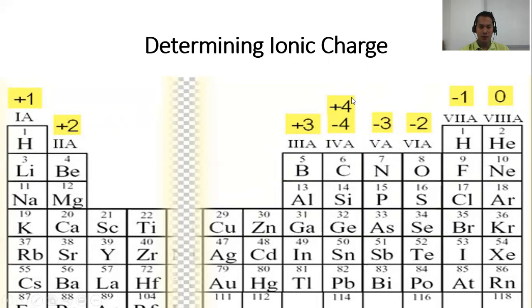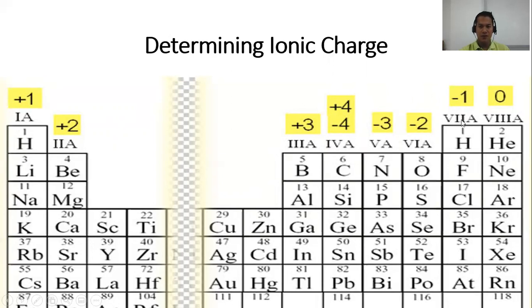For group 4, we will set this as an exemption. For now, let's focus on group 5. Groups 1, 2, 3 will lose; 5, 6, 7 will gain. How many electrons will they get? If they are in group 5, they will gain 3. Group 6, they will gain 2.